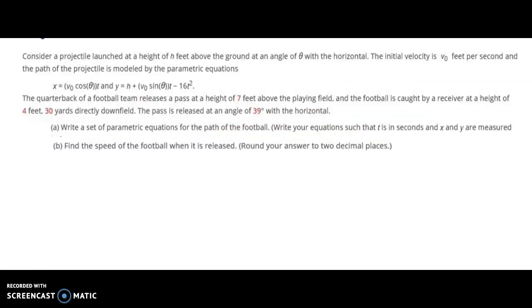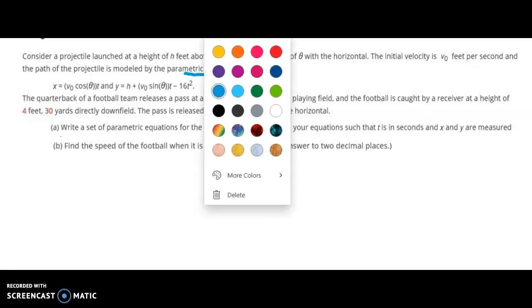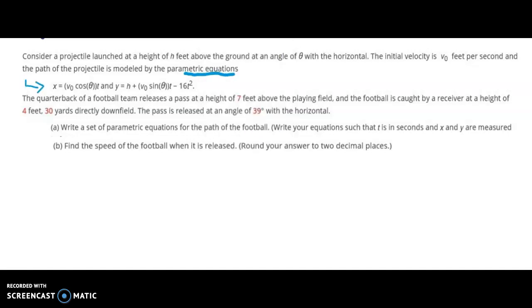Okay, to start with this question, they have given us a parametric equation. See, this is the parametric equation that is given to us. If you read the question properly, they have mentioned that the height is 7 feet, and another interesting thing, at a height of 4 feet and 30 yards.